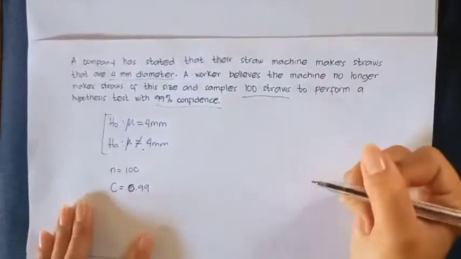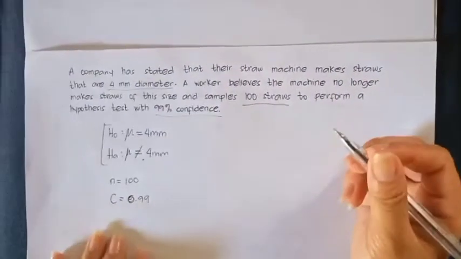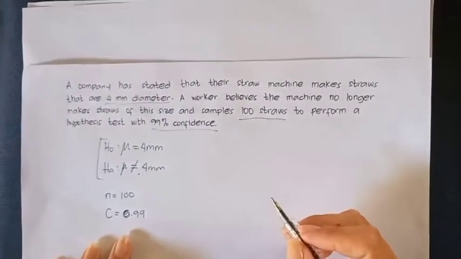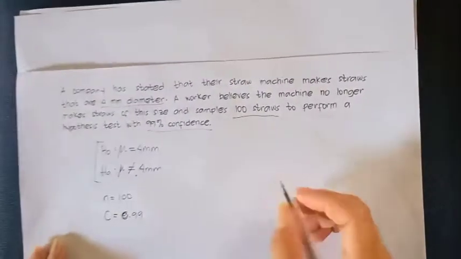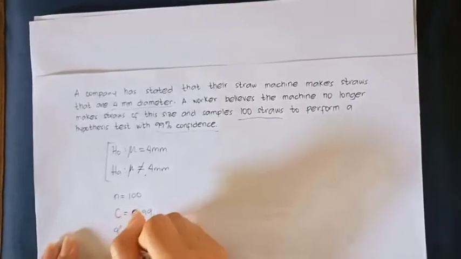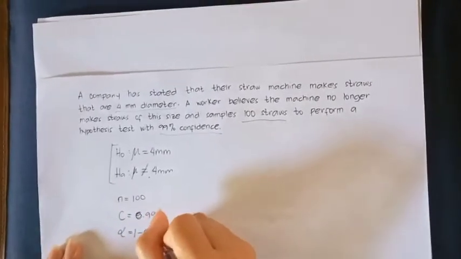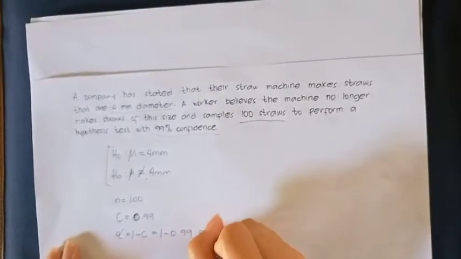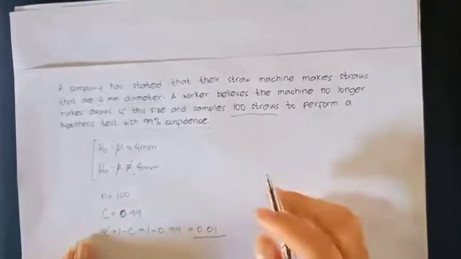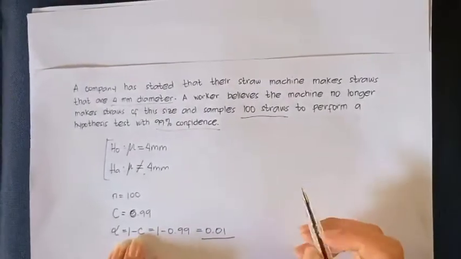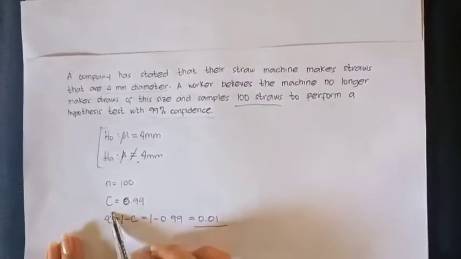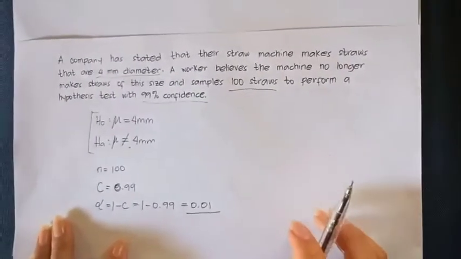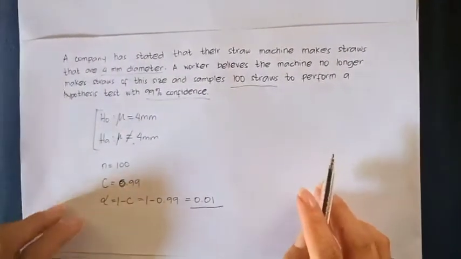Sometimes we're going to be using C. Sometimes we're going to be using alpha. Alpha is simply 1 minus C. So 1 minus 0.99 is 0.01. It doesn't really matter if the problem tells you the level of confidence C is 99%, or if it tells you the level of significance alpha is 0.01.